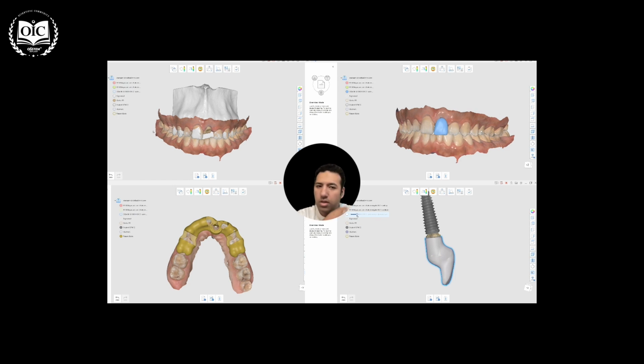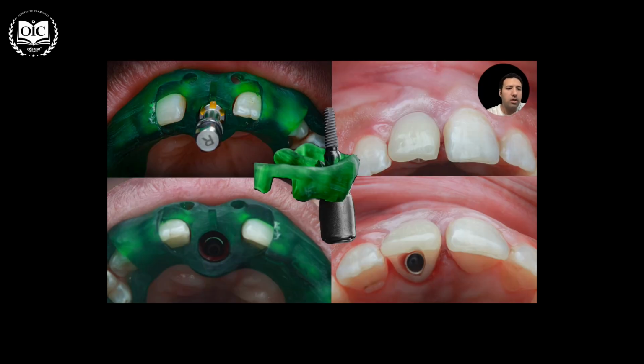We only need 30 to 40 degrees of emergence angle to maintain a healthy soft tissue around the implant later on. We start the drilling protocol and preferably place the implant with a fully guided approach through the guide with a hand torque wrench to ensure that it's going inside in the same position as planned.